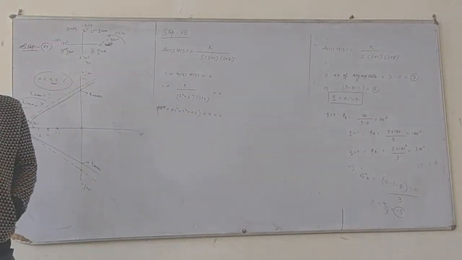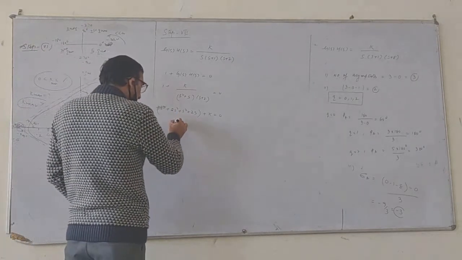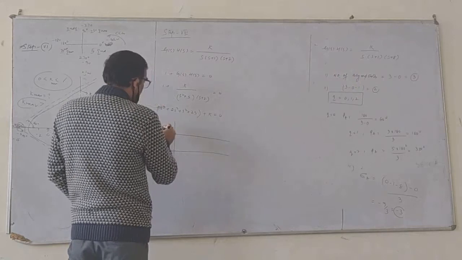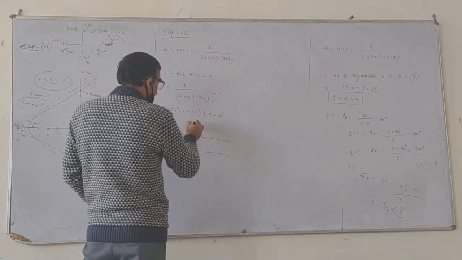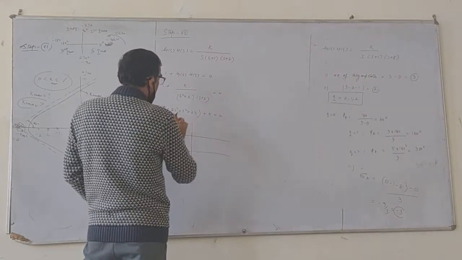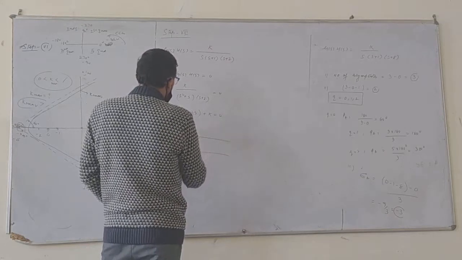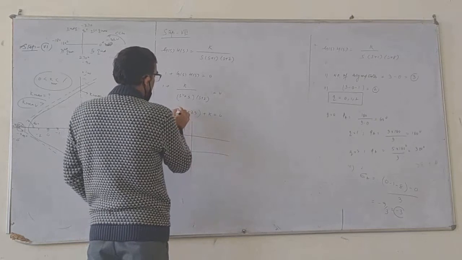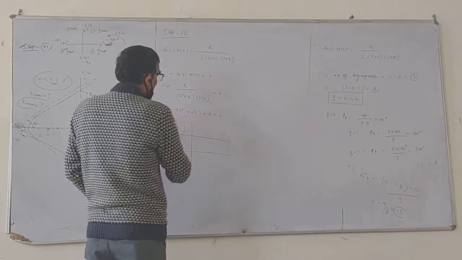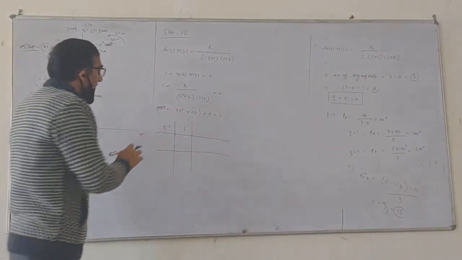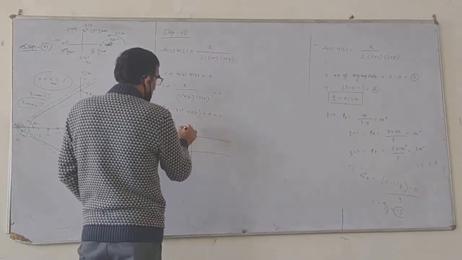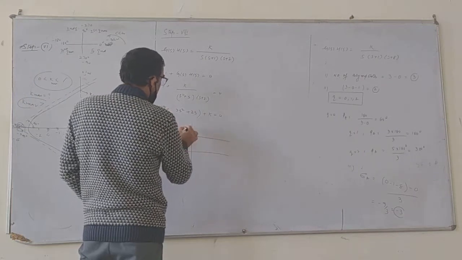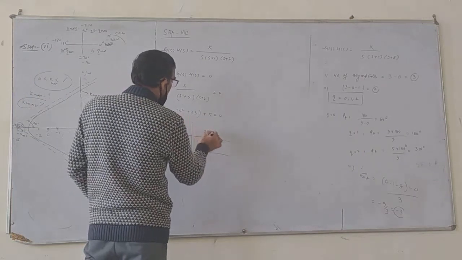Okay, I have got the characteristic equation. Now let's draw the Routh array. For s cube, the first term is 1, and the second term will be 2.